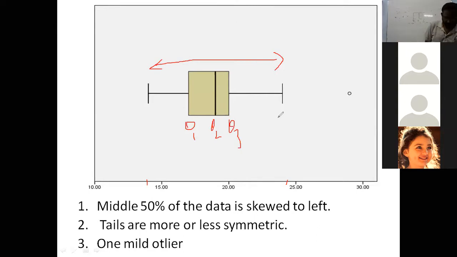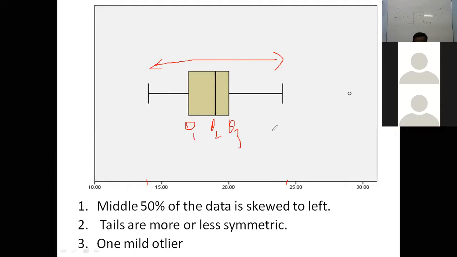If it is symmetric, no problem. Can you say whether it is skewed? Which side is it skewed? Left side, yeah. So this is skewed to the left side. I will come to that. So if you draw a graph like this, you see, this is not symmetric.